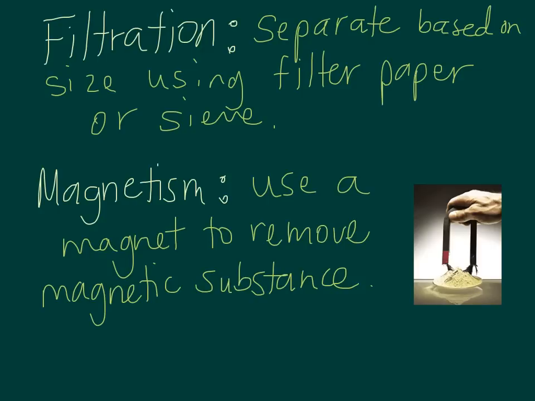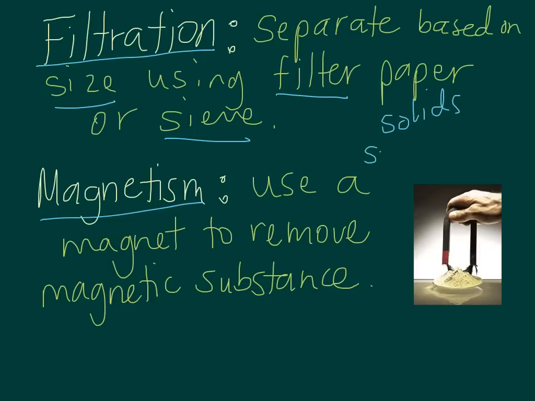Okay, so the next two examples are filtration and magnetism. Filtration is a very simple concept. You separate based on size, and so what you can do is you can use a filter paper or a sieve to separate a smaller substance from a larger substance. Usually this involves solids mixed together or solids in a liquid.